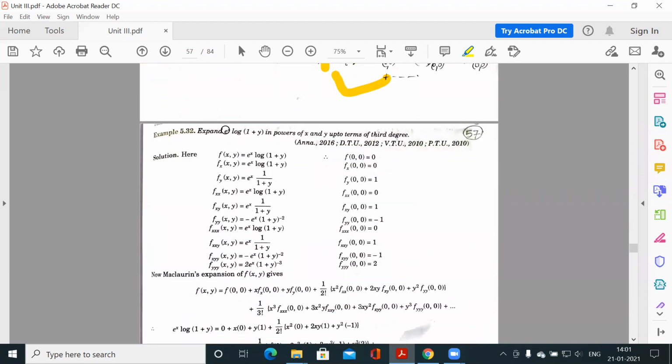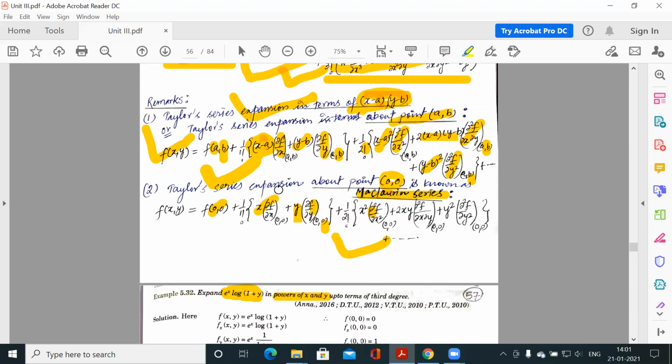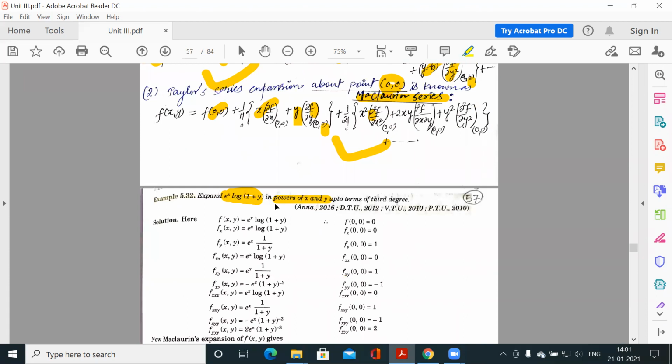Now the function e to the power x log of 1 plus y in powers of x y, that means it is about 0 0. Clear? Because in powers of x minus a, y minus b, this is your expansion. Here we have to expand this in powers of x and y, that means x minus 0, y minus 0. So the point a b is 0 0.